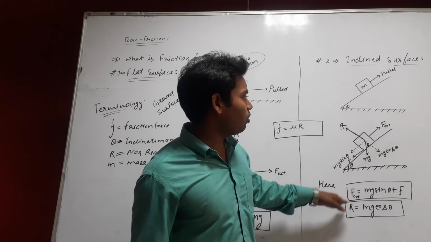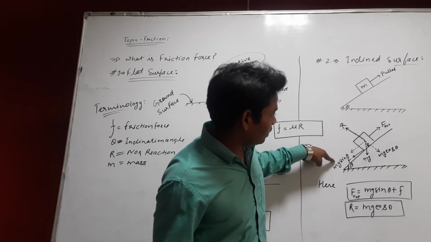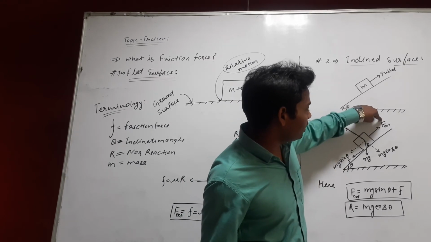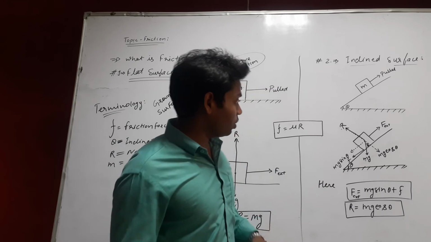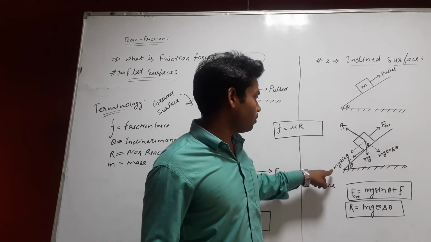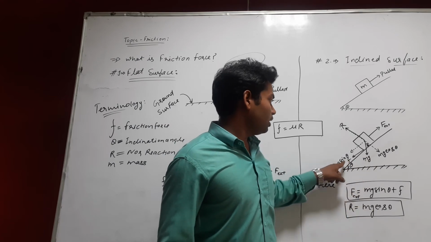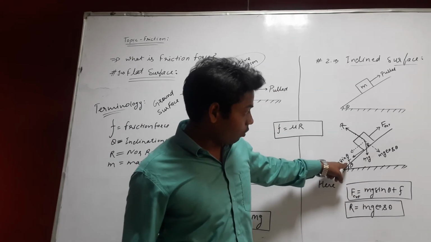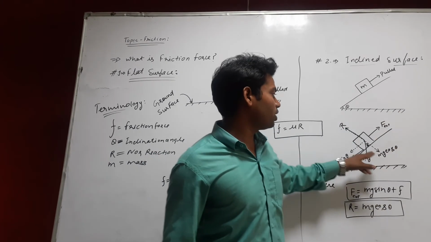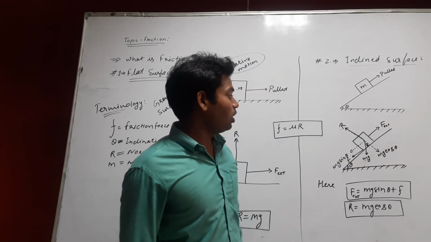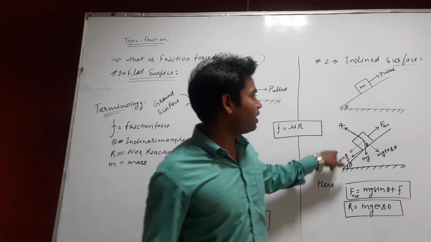If you have to calculate the external force applied in this direction, the other forces balancing it are mg sin theta, one component of the weight, and the friction force. Forces are applied in this direction, so friction will act in the opposite direction. These two, the weight component and the friction force, balance the external force.